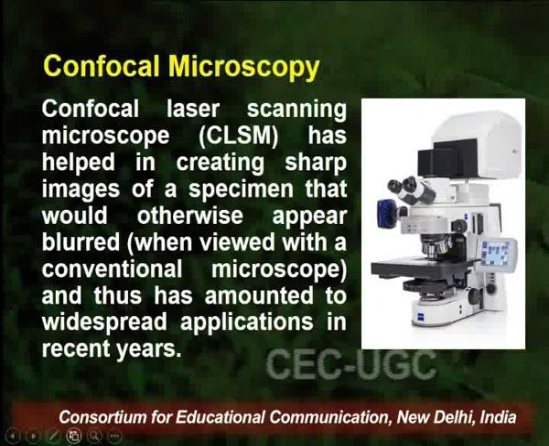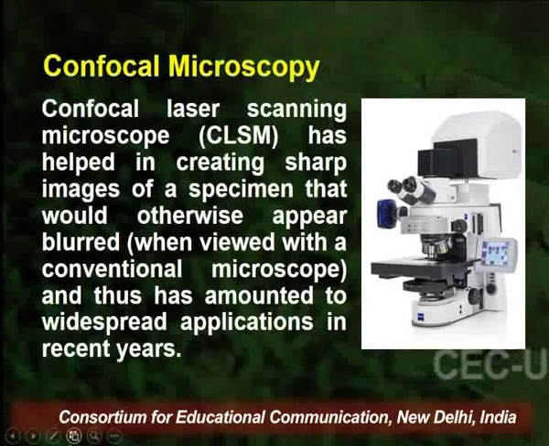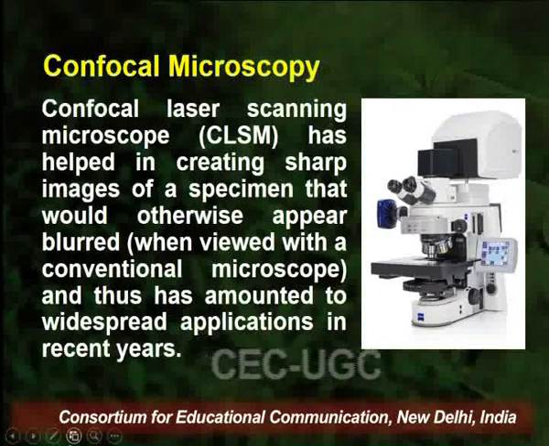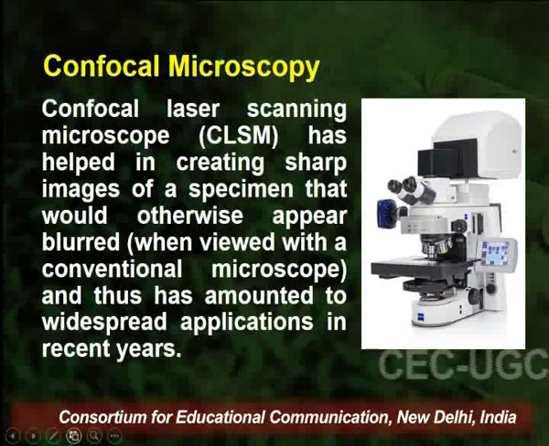So what is a confocal microscopy? What is a confocal microscope, and what are the basic principles which are applied in confocal microscopy? Let us try and explore this aspect.